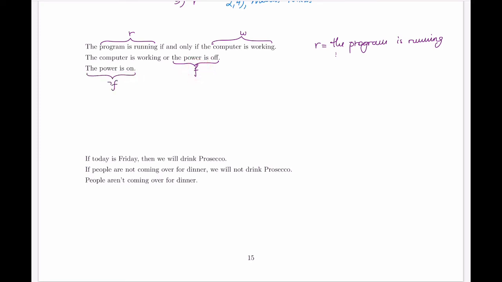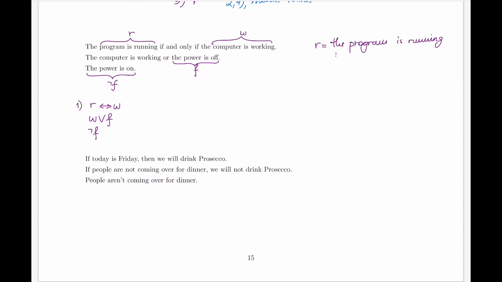And once I have that, I can write out the actual form of my argument. So let's go through it carefully. The program is running if and only if, remember the biconditional, if and only if the computer is working. The computer is working or the power is off. The power is not off. And that is what I have so far.